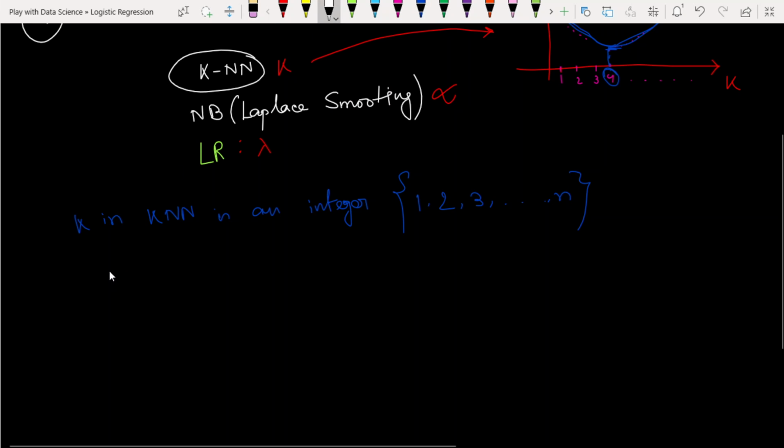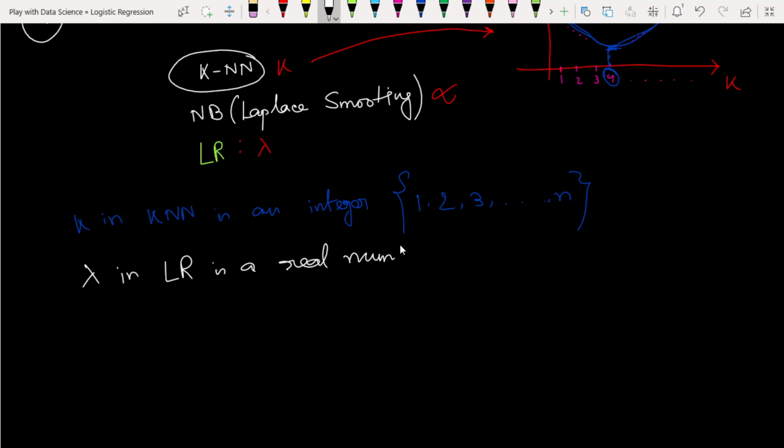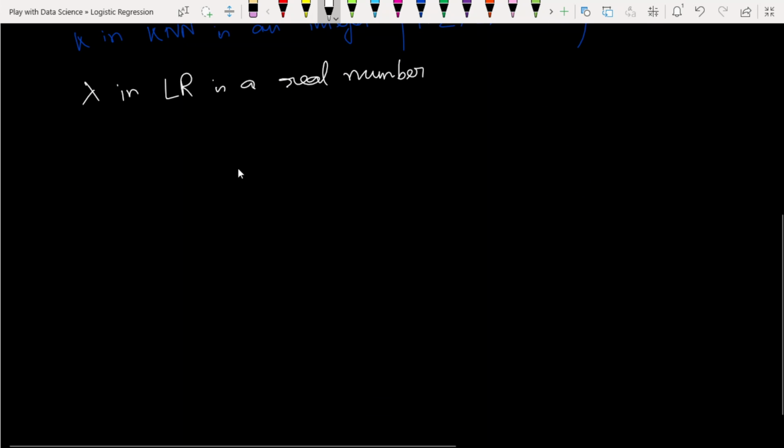Now the question is, in logistic regression, our lambda is not an integer, it is a real number. Lambda in logistic regression is a real number. So if it is a real number, then we cannot find its specific value.